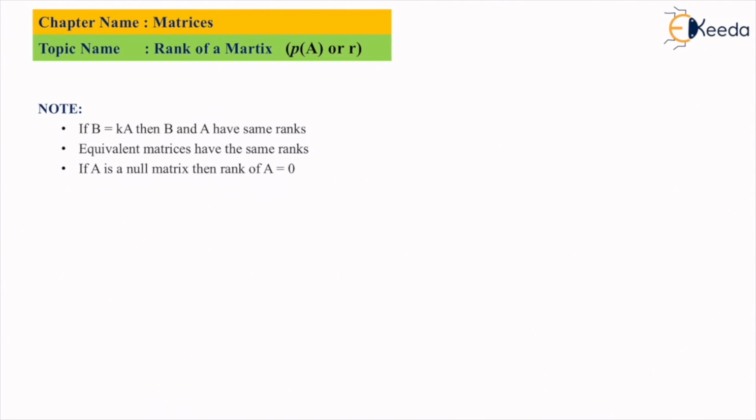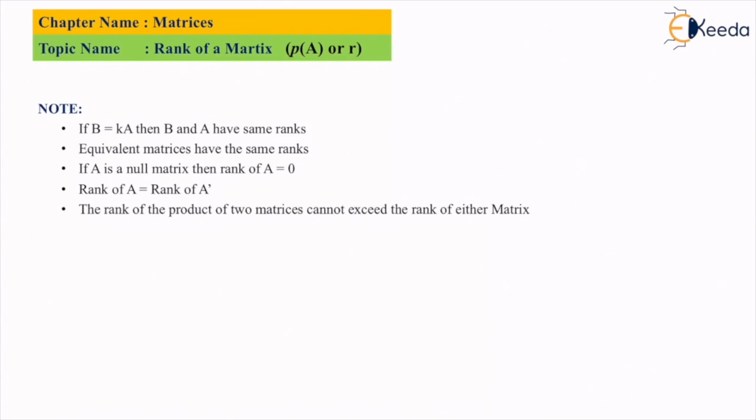Next, if A is a null matrix, it means a matrix in which all elements are 0, for such a matrix the rank is equal to 0. Now let's say there is a matrix A and its transpose A dash, and if you try to find out the rank of both the matrices, then it is always equal. And if you try to find out the rank of the product of two matrices, so take two matrices, multiply them, find out the product.